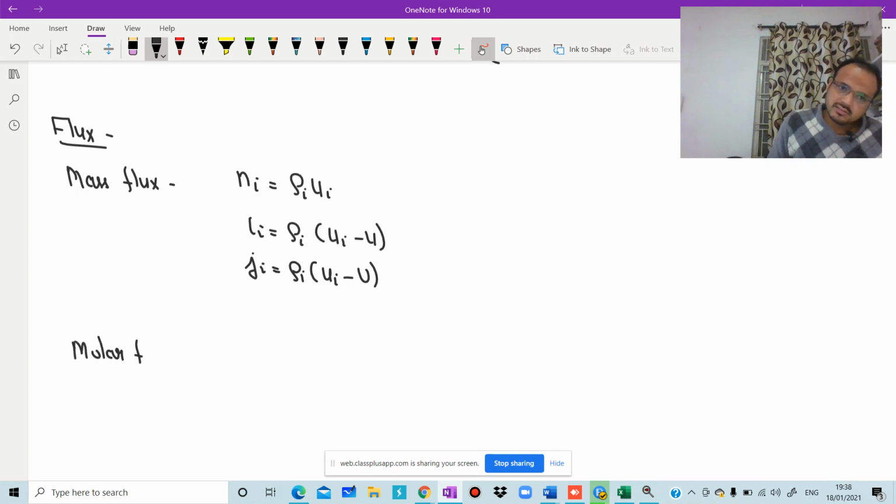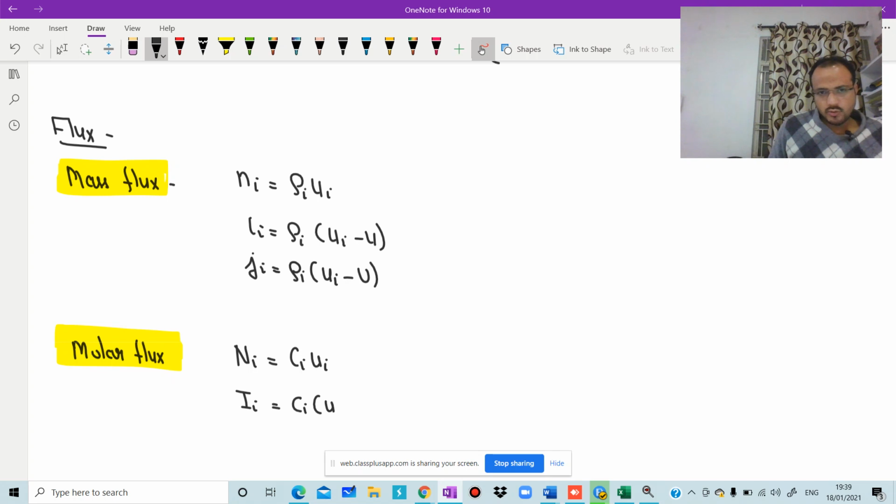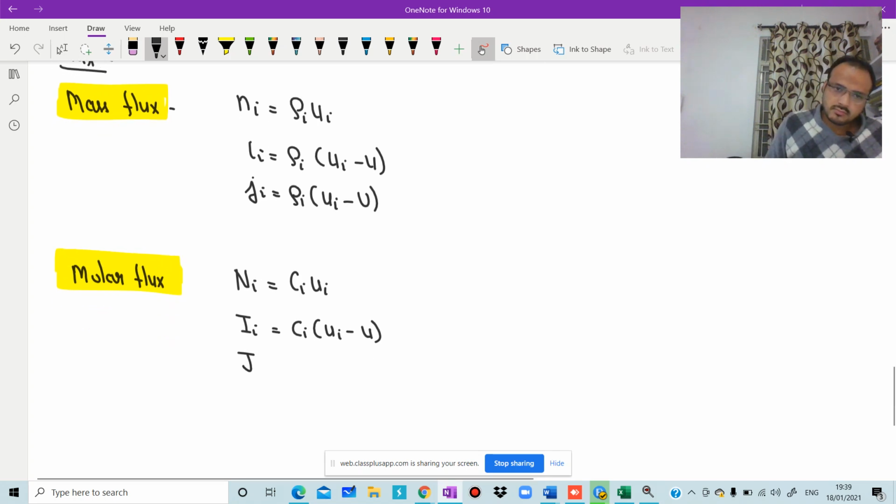Second is molar flux. Ni is equal to Ci into ui, ji is equal to Ci into ui minus u, and Ji is equal to Ci into ui minus u.